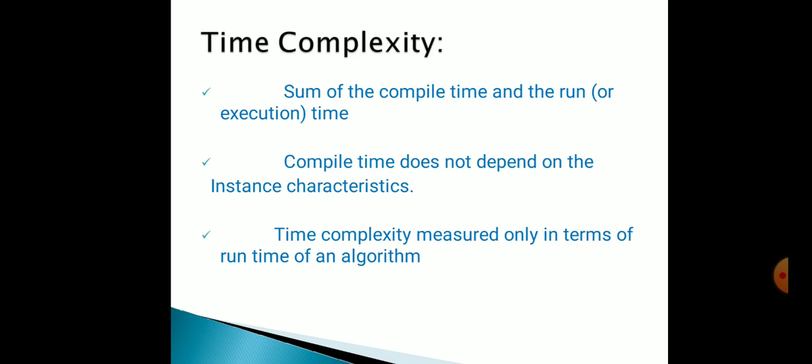But in later stages, compile time is not taken into the calculation of time complexity, since once you compile your program, you can execute it many times without any recompilation. So compile time is negligible, and the time complexity of your algorithm is measured in terms of its runtime only.